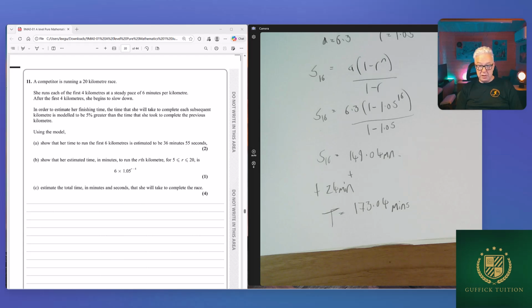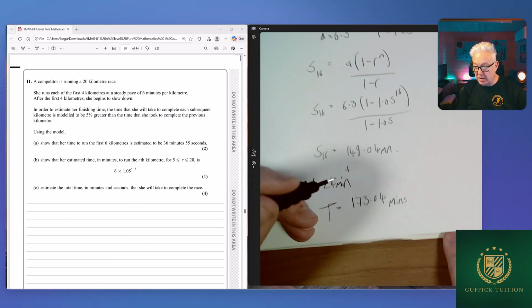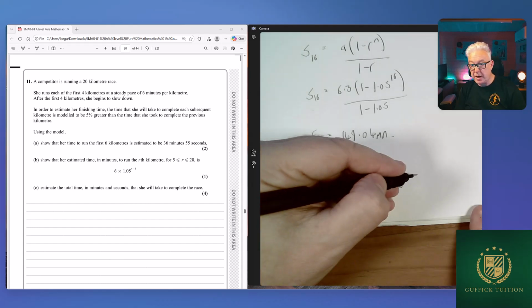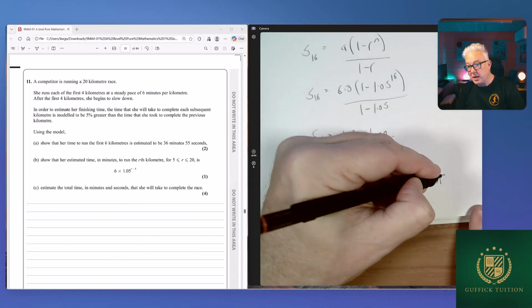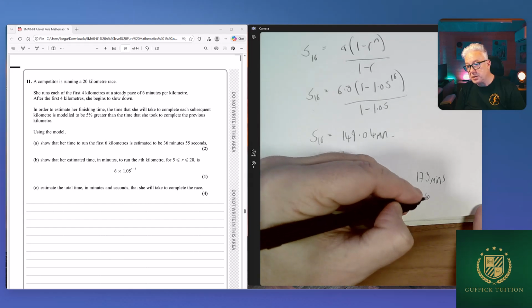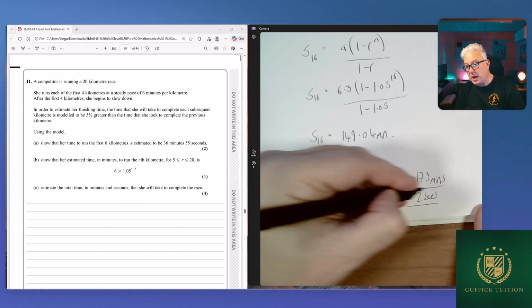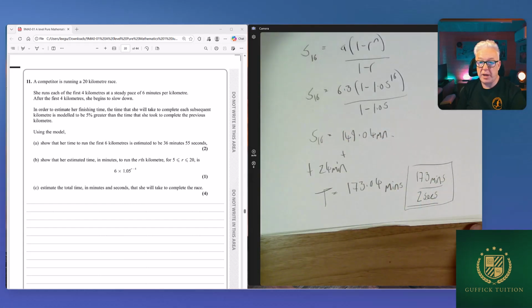So let's do 0.04 multiplied by 60, which gives us 2.4 seconds. So if we just say 2 seconds, the time to run the race is 173 minutes and 2 seconds. That's our answer for that question.